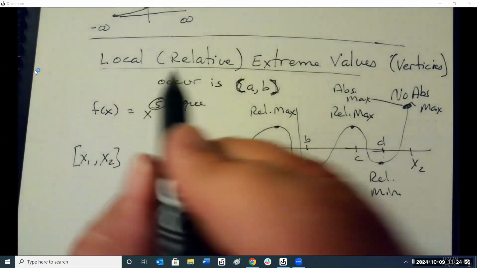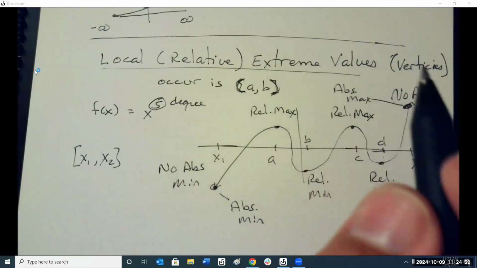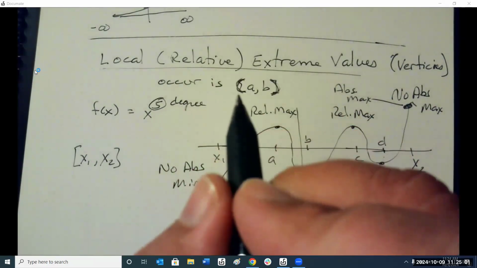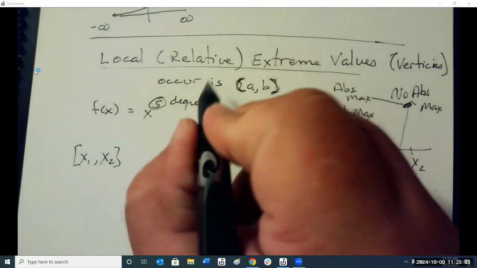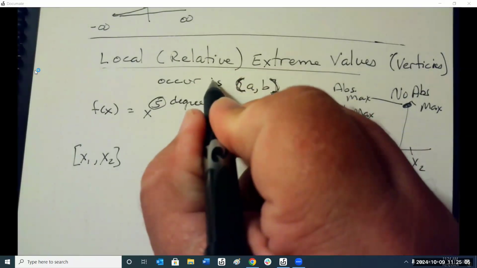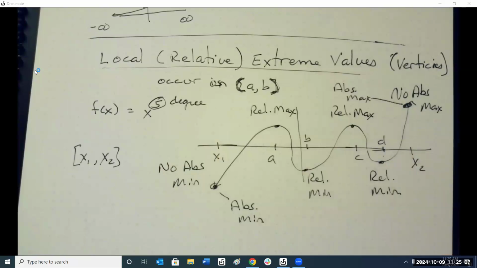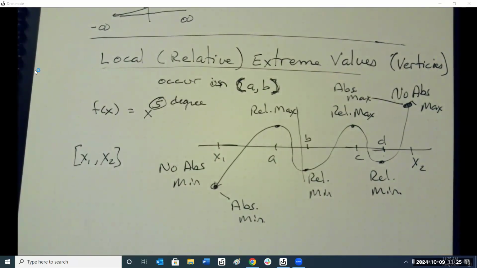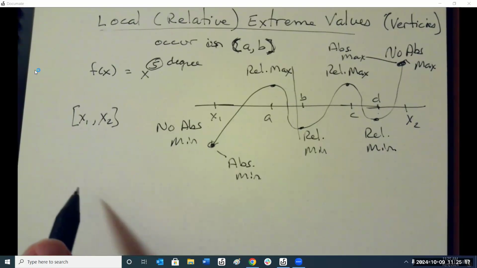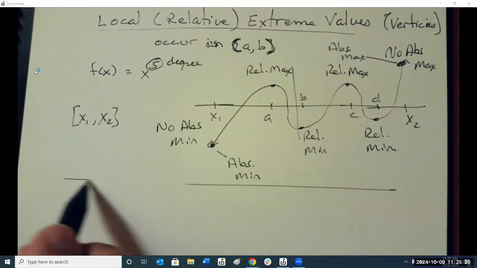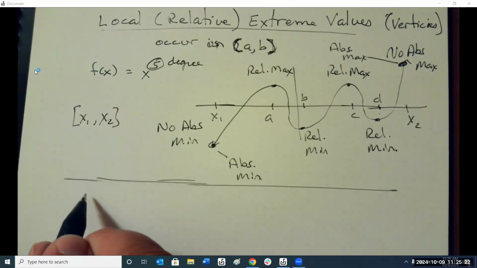So local extrema only occur on this open interval. Right, so that's what we're looking for. That's going to be our quest for this section.